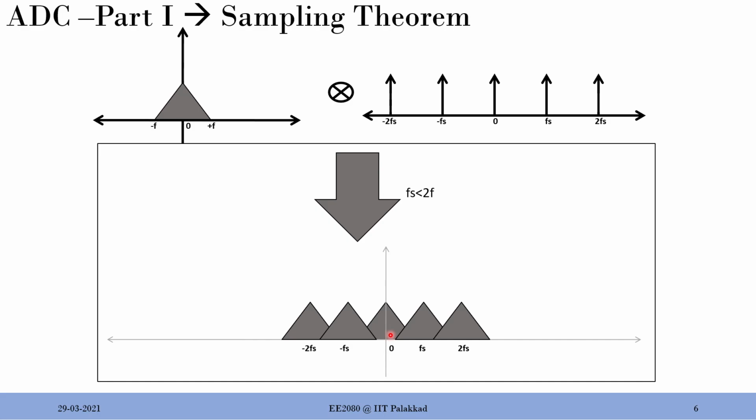I can guide you to one phenomenon where you can easily observe this. You take your mobile phone and try to record a video of your fan, and you will see that the fan will rotate in the opposite direction. Interestingly, that is because you are not sampling at twice the rate of the velocity of rotation of the fan. Ideally, if you want to exactly reconstruct the fan rotation, you need a sampling rate, the frame rate of your camera, which should be twice the rotation of your fan.